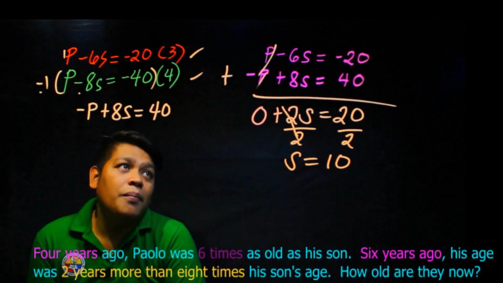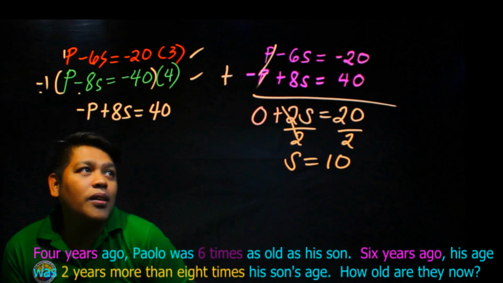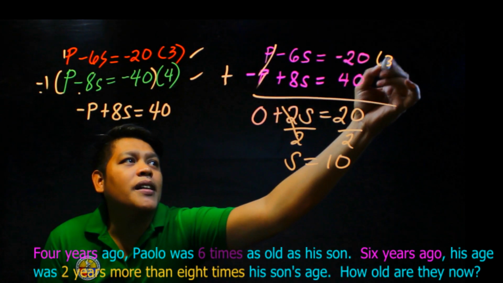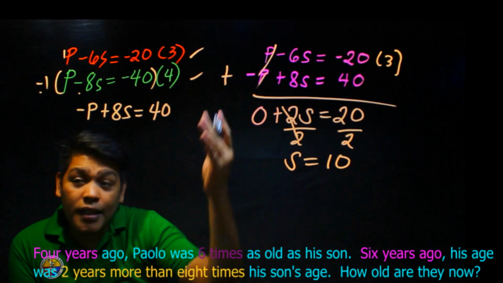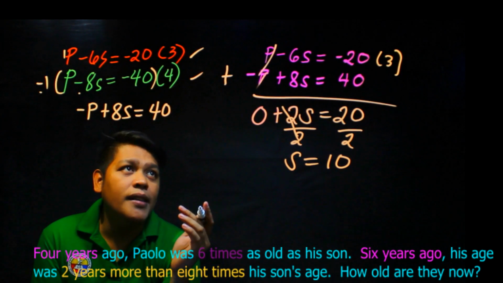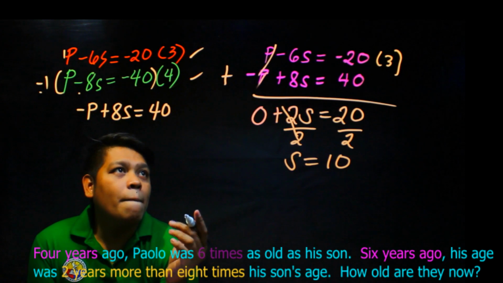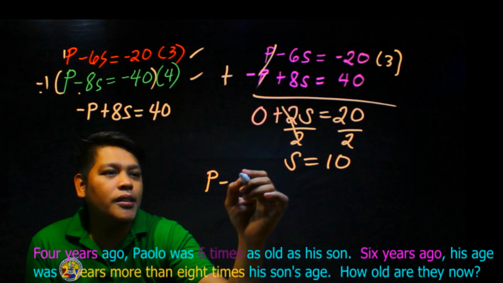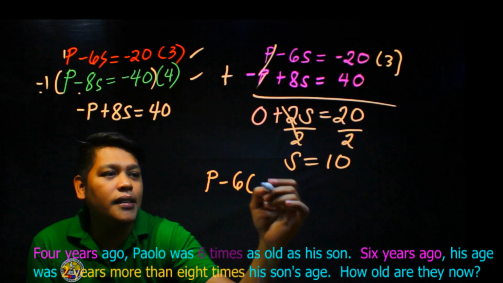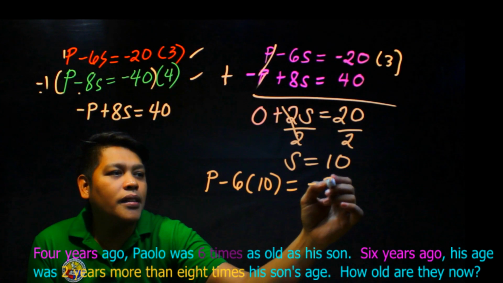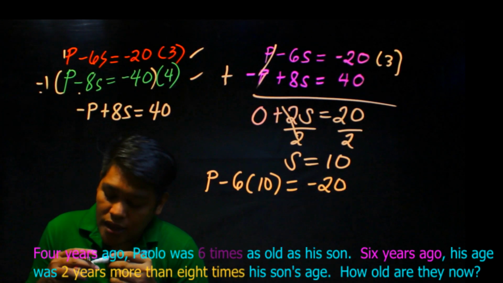So, paano natin makukuha yung P? Gamitin natin yung equation number 3. Pwede rin yung equation number 4, pero mas maganda lang gawin din natin yung equation number 3. So, P minus 6 times 10 equals negative 20.